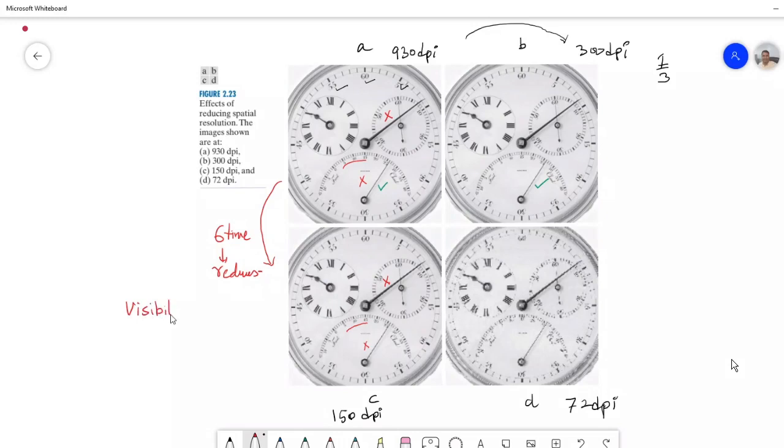Now next I am reducing the size up to 72 dpi. So अब आप समझ सकते हैं कि कितने टाइम्स मैंने इस साइज को डिक्रीज किया. So in this image, you can see the effect of reducing the spatial resolution. Okay, means we are decreasing the number of dots per inch. मैं यहाँ लिख भी रहा हूँ ताकि स्टूडेंट को याद रहे.